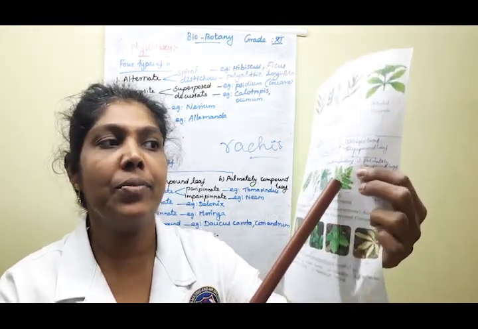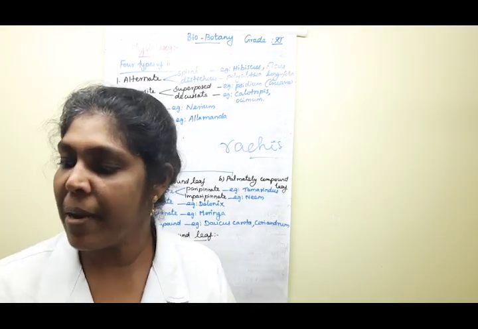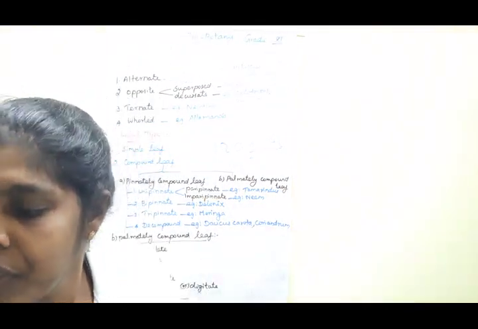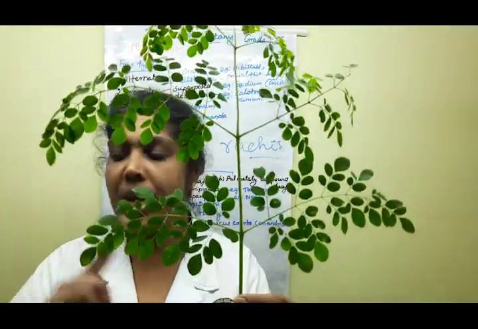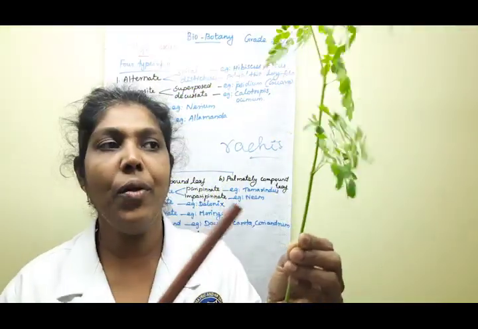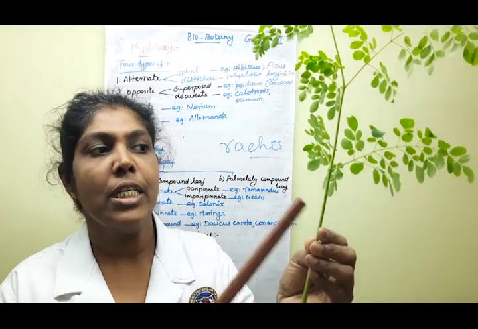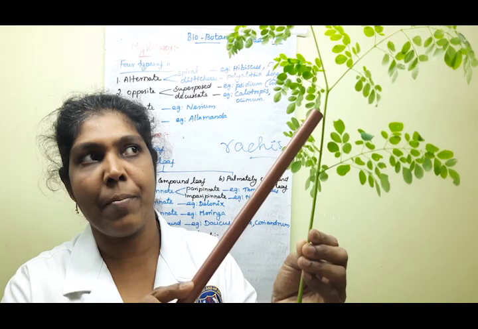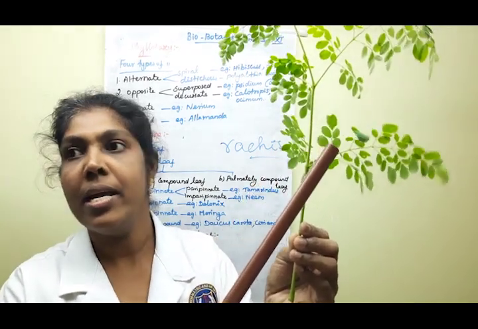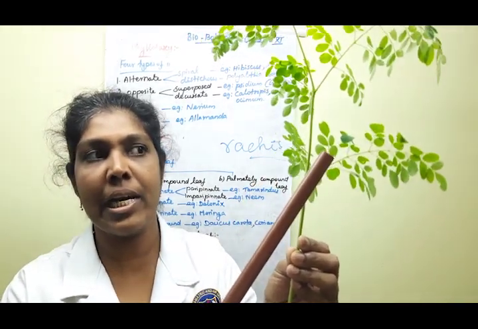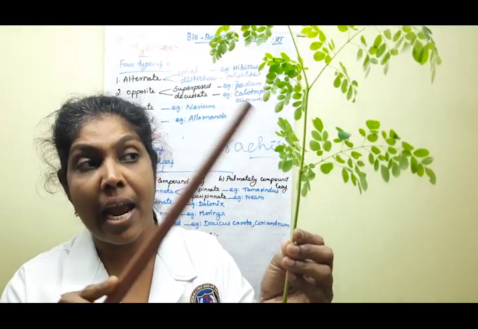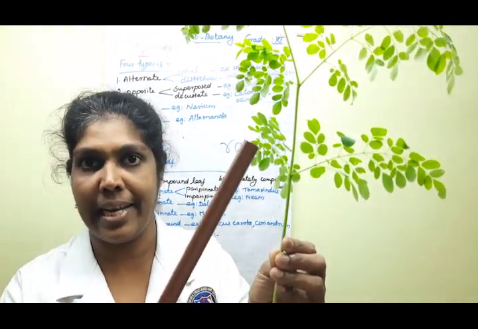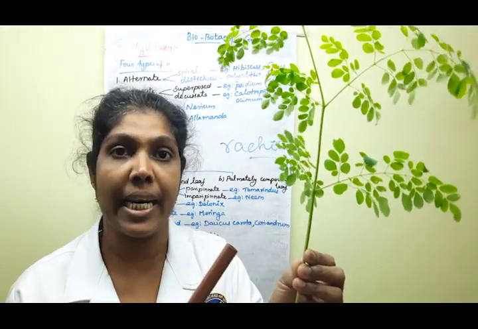Clear? The next one is tripinnate. A very good example of the species is this one. Can you identify this? Moringa, correct. Yes, good. All of you see how this is called tripinnate. Here, the primary rachis is there, isn't it? From the primary rachis, a secondary rachis is produced. From this secondary rachis, a small rachis arises again, that is the tertiary rachis.